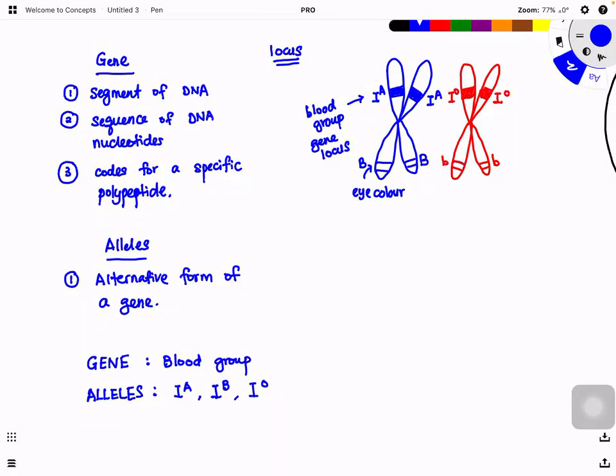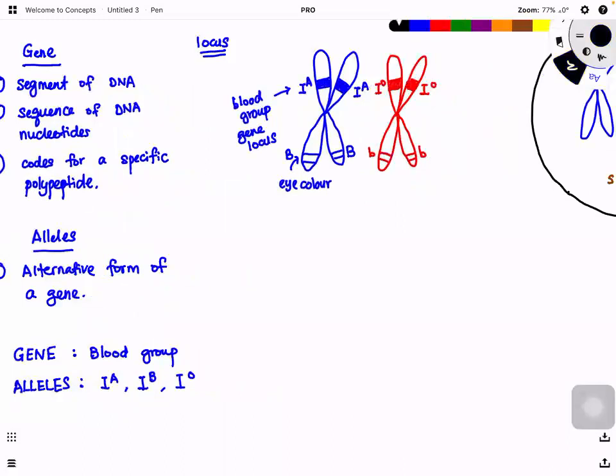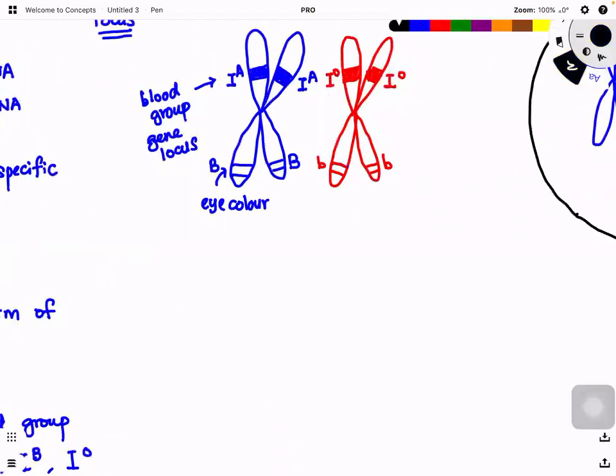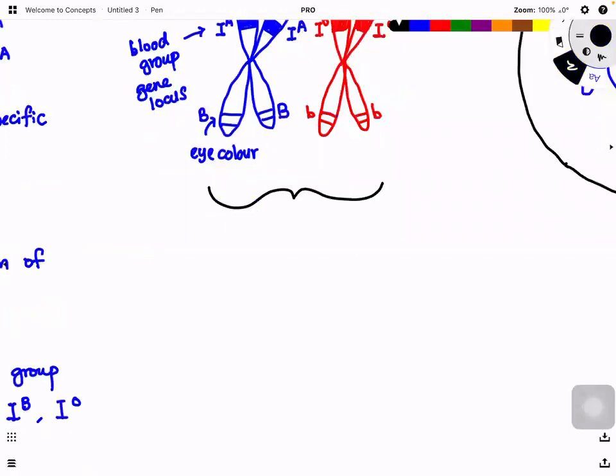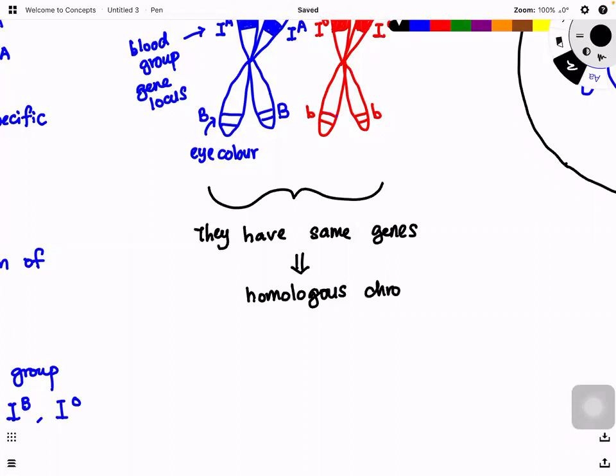As long as both chromosomes have the same genes, then they qualify to be called homologous chromosomes. So it's a pair of homologous chromosomes, as long as they have the same genes.